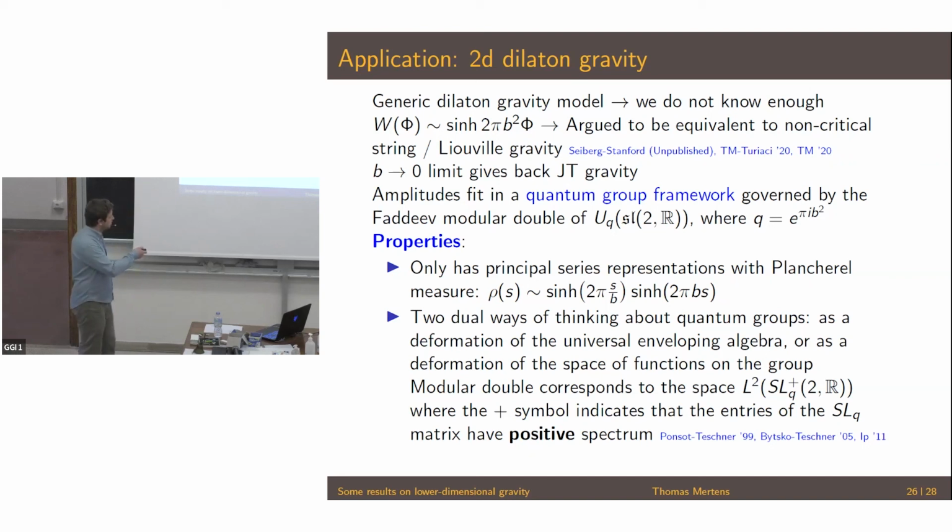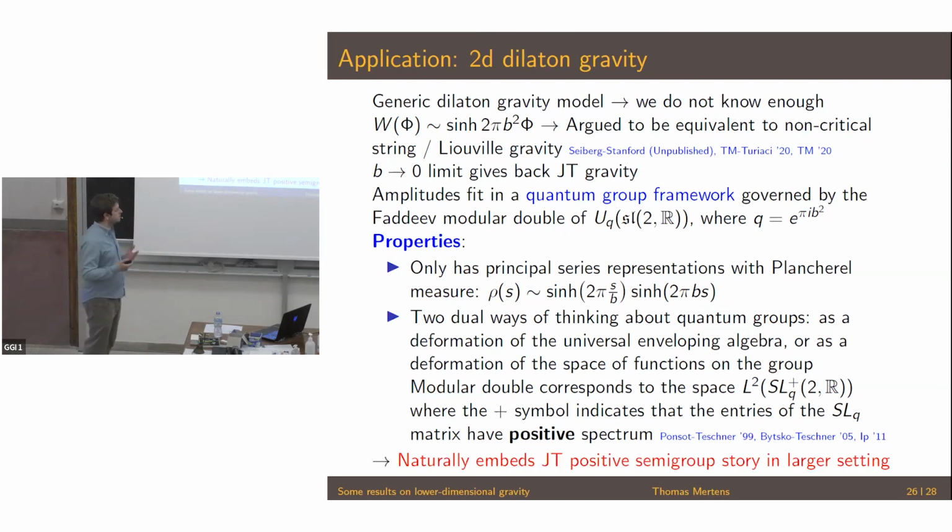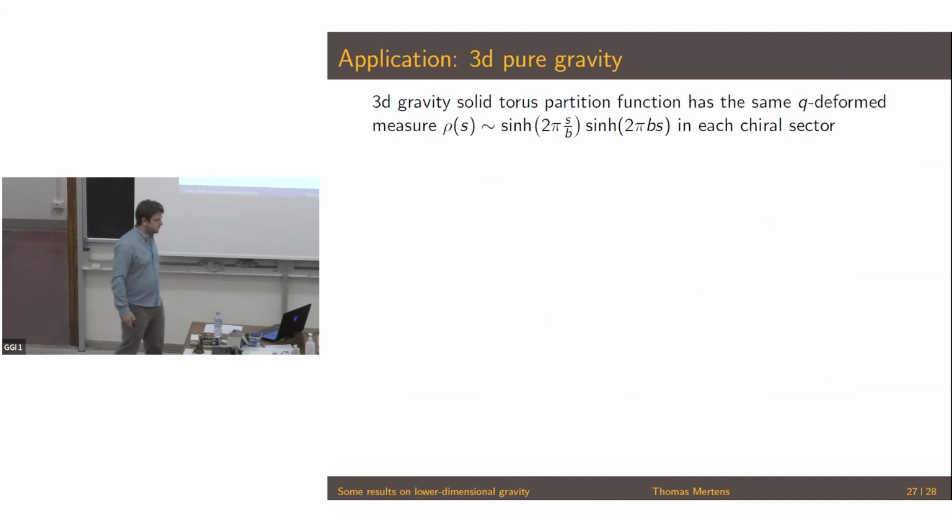Here there's this plus again, and this plus symbol indicates that the entries of this Q deformed SL2R matrix have a positive spectrum. So again, you see positivity of the entries of an SL2R-like object appearing here, but this time in a Q deformed setting. So this naturally embeds the JT positive semigroup story in a larger setting, a setting of Q deformation that has been studied over the past 20 years or so.